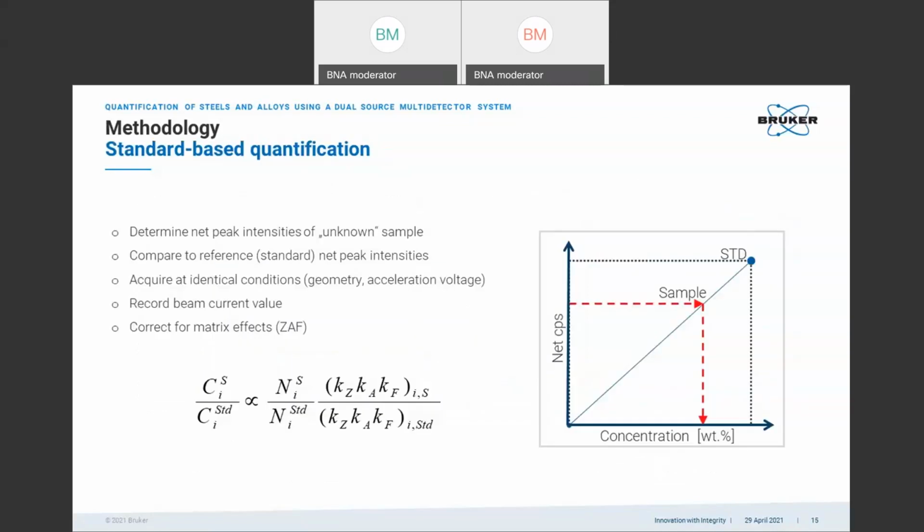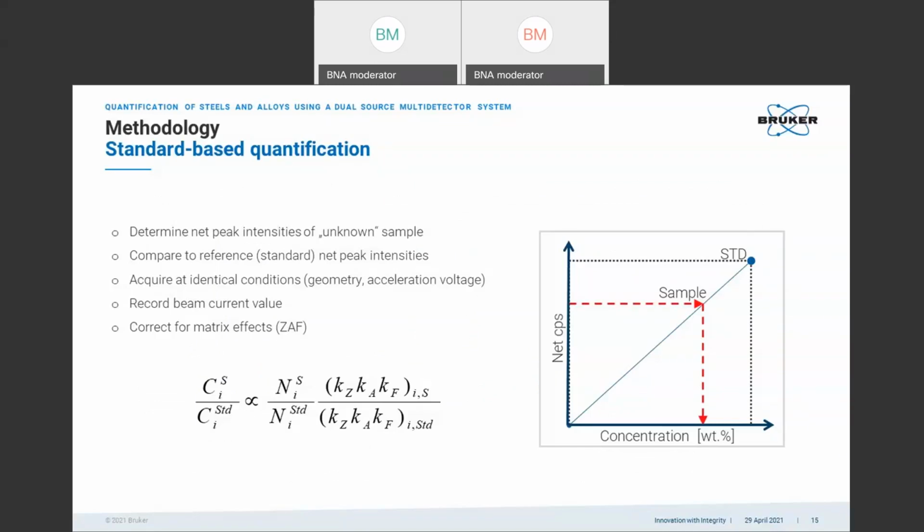So how do we do the quantification? For WDS, it's essentially standard-based. So WDS is not an absolute method. It needs comparison with standards, with reference material, to get some concentration. So we go like this.